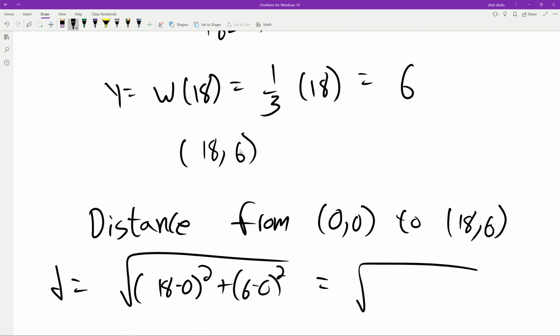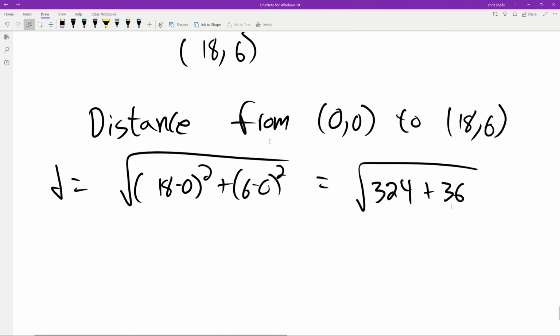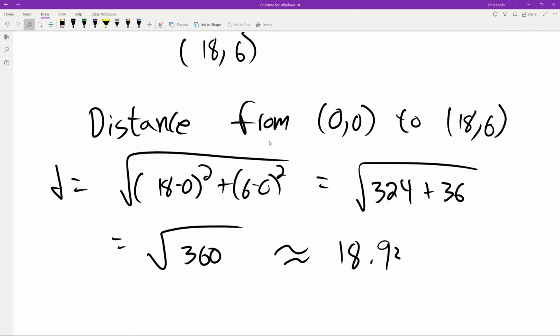This is the square root of 324 plus 36. This is the square root of 360. And if we type that into a calculator, we get about 18.934 miles is the distance from Westboro to this junction.